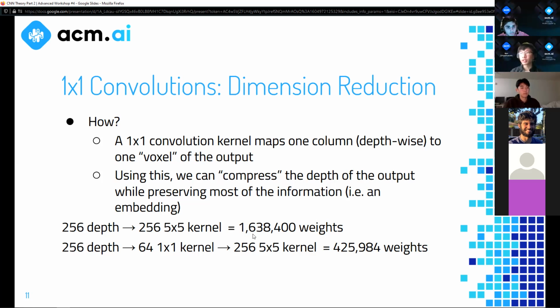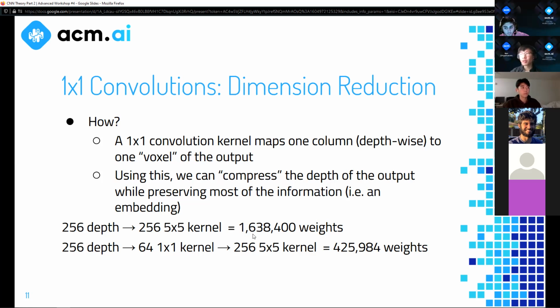In this sense we're compressing it, but instead of the width and height, we're compressing the depth. We might have 256 kernels detecting different things like diagonal, vertical, and horizontal lines, but all of that information might not be necessary for the next layer to make a good prediction. So by passing it through a 1-by-1 convolution, we're reducing the depth.